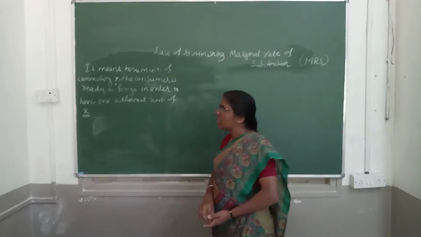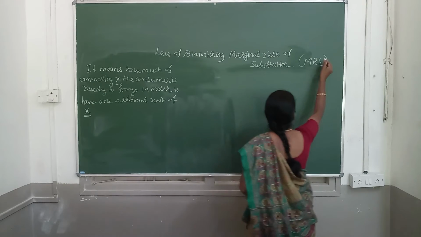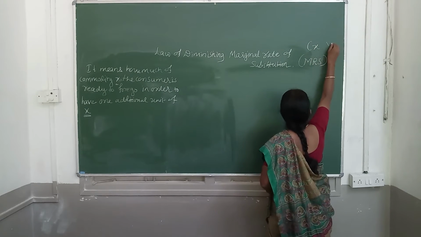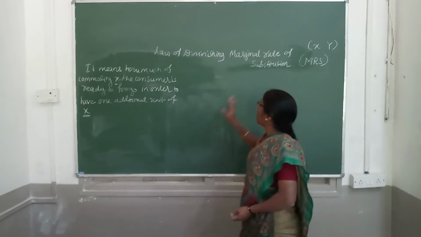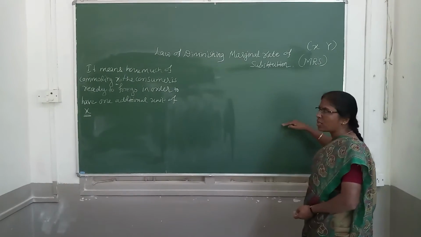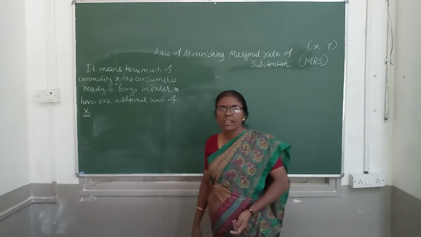So in our example, two commodities are there. What are the two commodities? One is X and another one is Y. Is it clear? X is shown on the X axis and Y is shown on the Y axis.